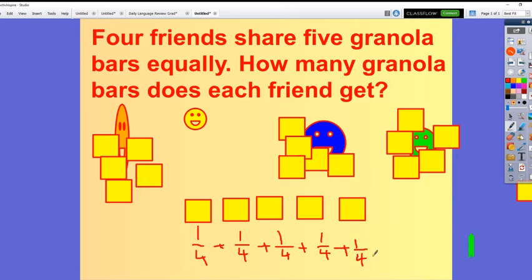Count along with me and see how many fourths we have. 1, 2, 3, 4, 5. We have 5/4. This is actually another correct answer.